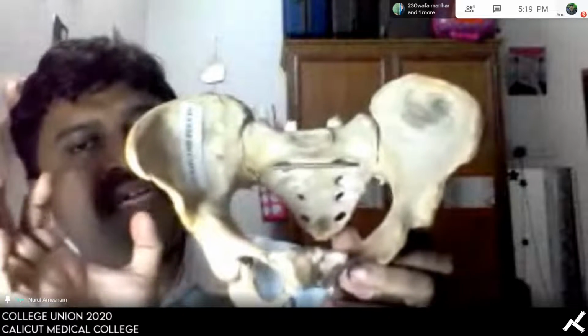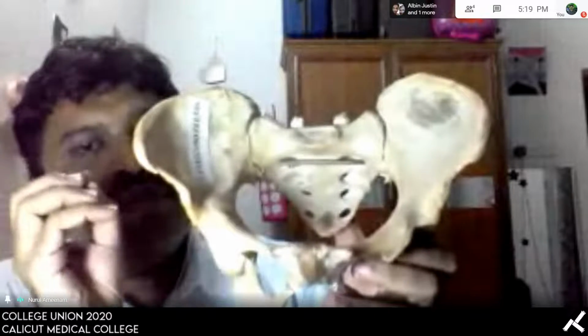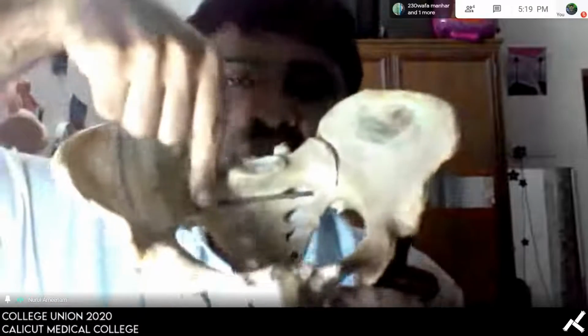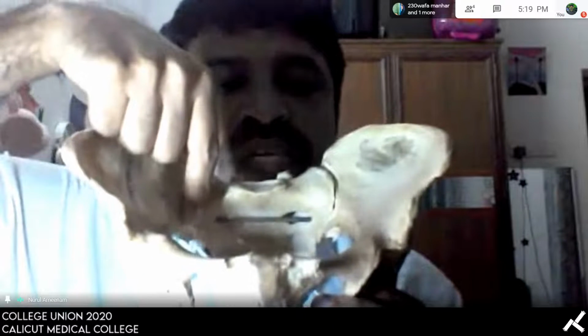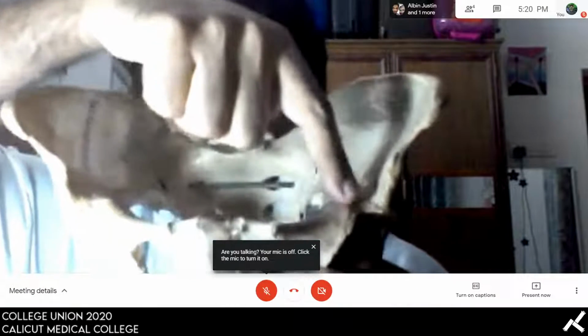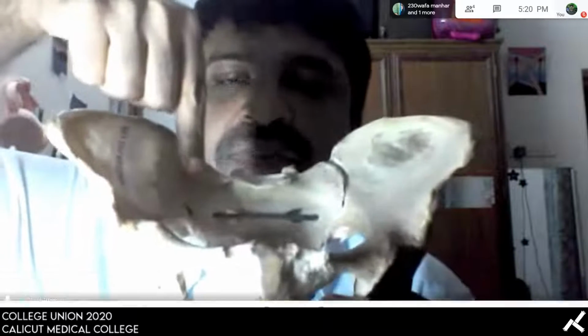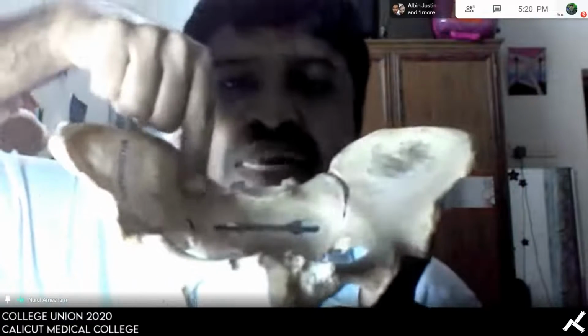Then we have the oblique diameters. There are 2 oblique diameters, one right and one left. How do you say it's right or left? When you talk about the pelvis, you start from the posterior part. The oblique diameters always start from the sacroiliac joint to the iliopectineal eminence. If it is right, then it is the right-sided sacroiliac joint to the iliopectineal eminence.